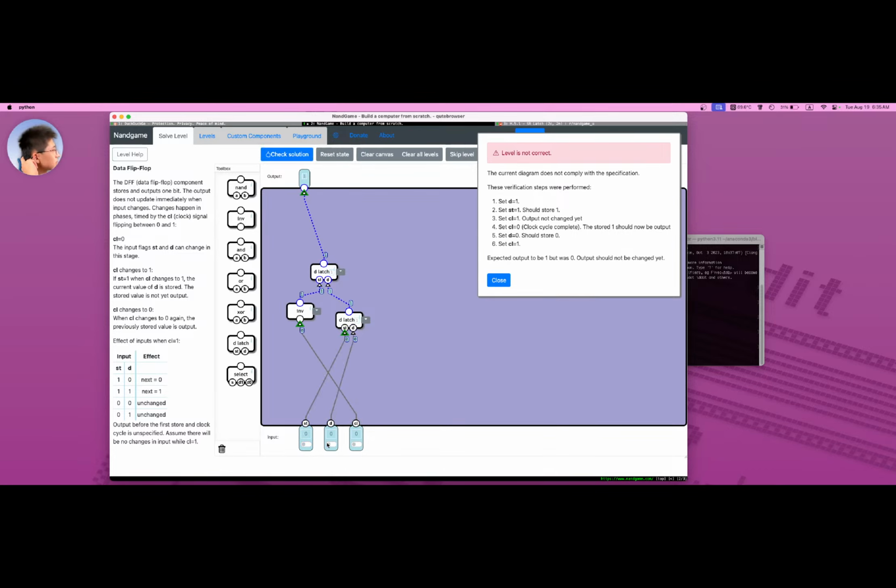We depend on D, okay, D, ST, set clock to 1. Clock to 0. So stored 1 should now be output.